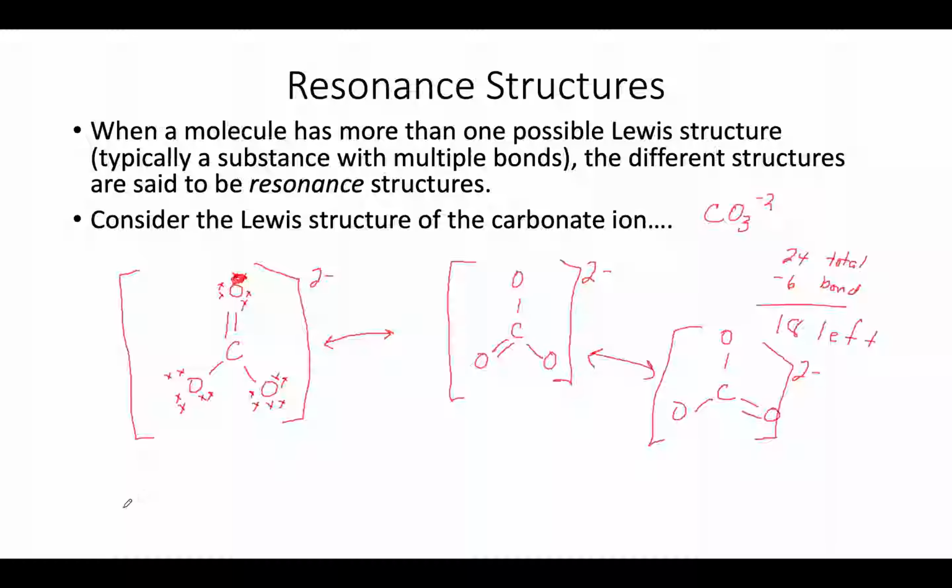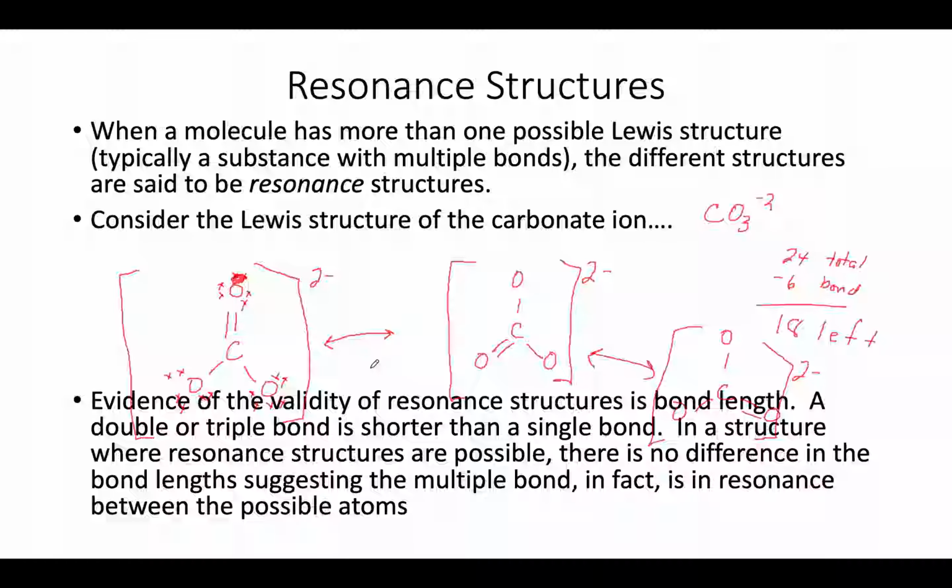So I've got a little deal right here that says evidence for the validity of resonance structures is evident in bond length. Double bonds are shorter than single bonds, and triple bonds are shorter than double bonds. And not only that, but those bond lengths are known.